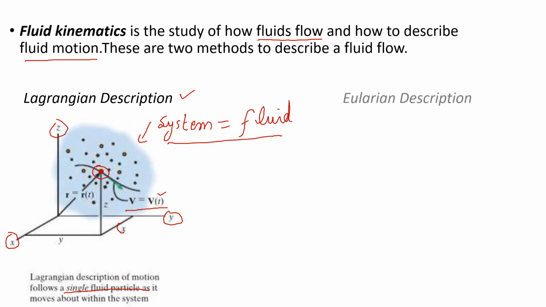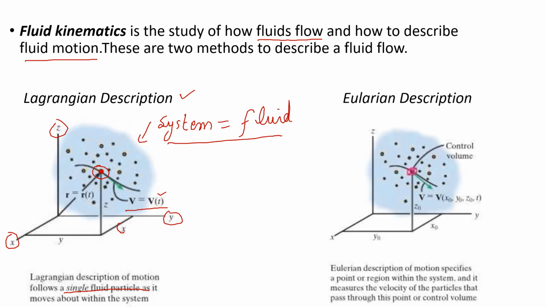The other description was the Eulerian description, and in the Eulerian description we would define a control volume within our system, and by defining a control volume we would fix its position, and now we will be studying only those fluid particles that pass through this control volume, and by doing so we define different properties of the fluid with respect to position and time.